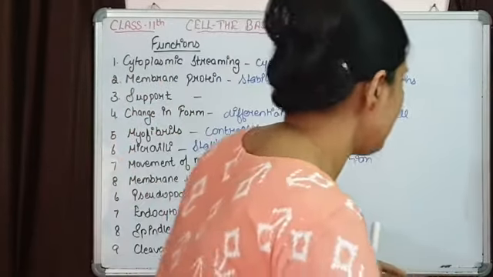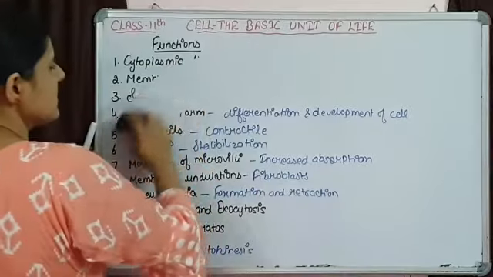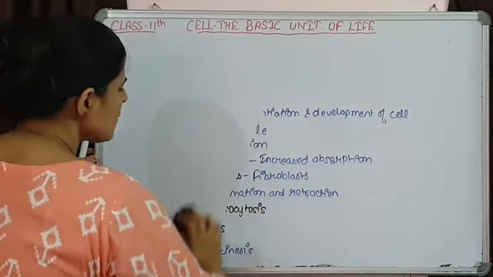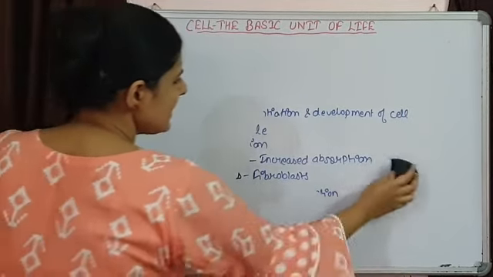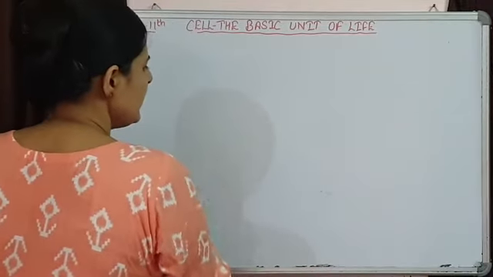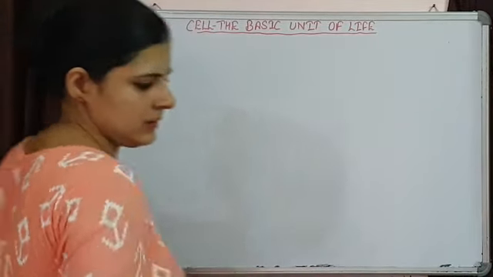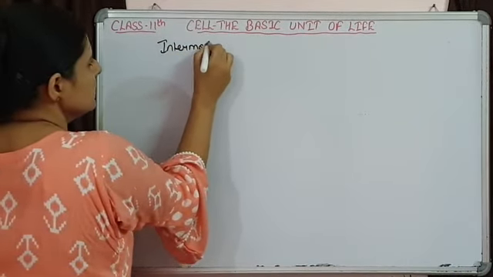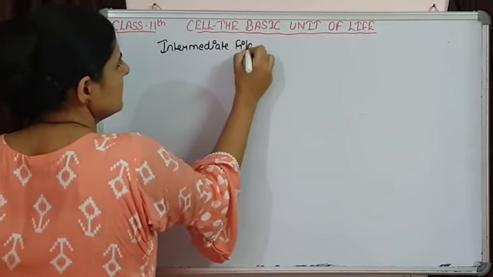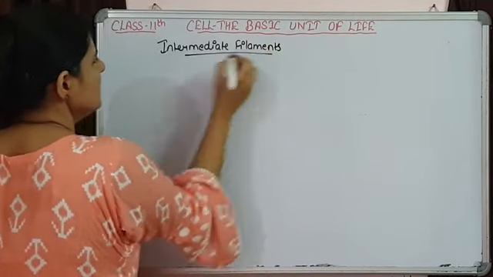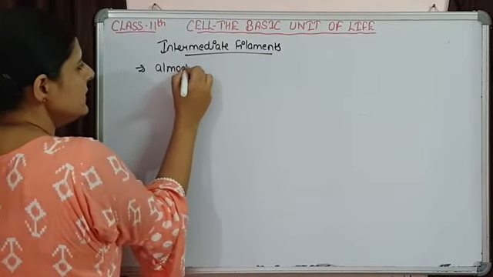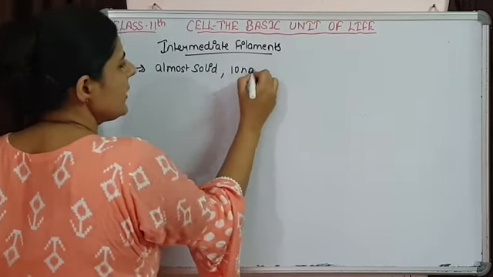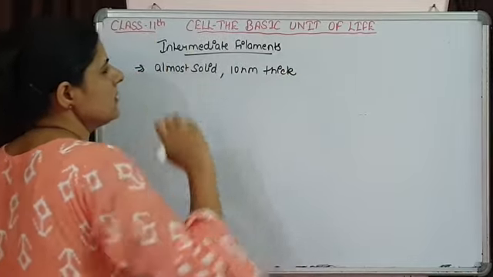Now the second type of filaments are intermediate filaments. Intermediate filaments are also almost solid, with more thickness as compared to microfilaments, almost 10 nanometer thick.